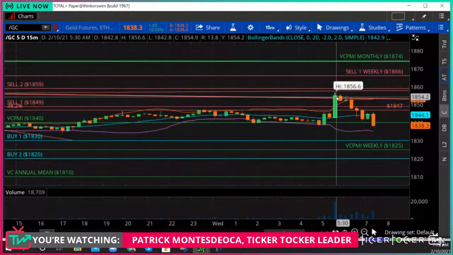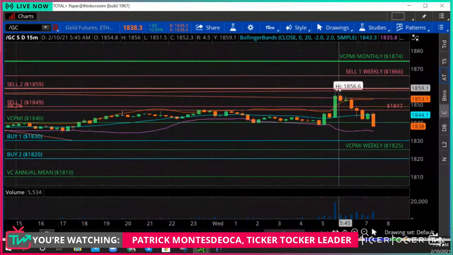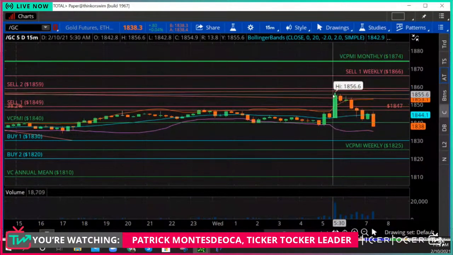And the market is telling you it's having a real hard time getting through this resistance level, these sellers here, even though we have such fundamental bullish news.